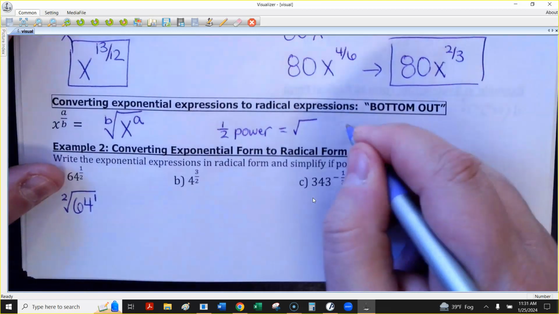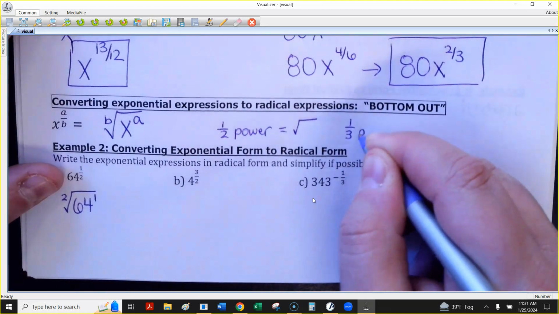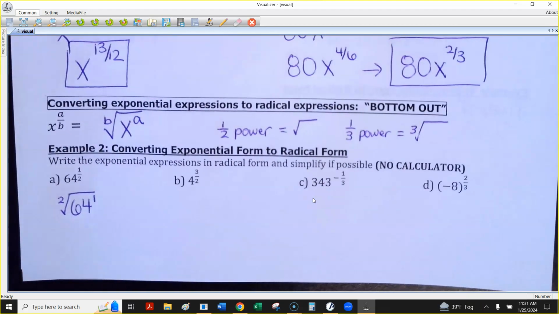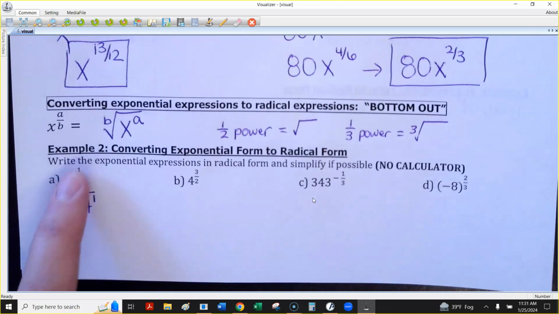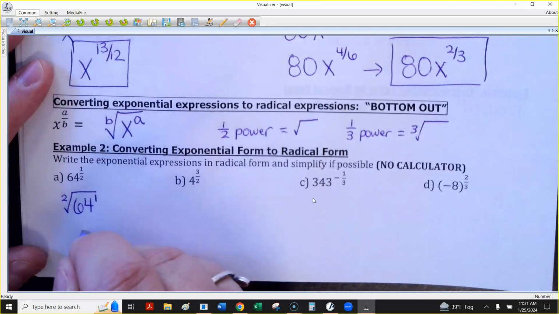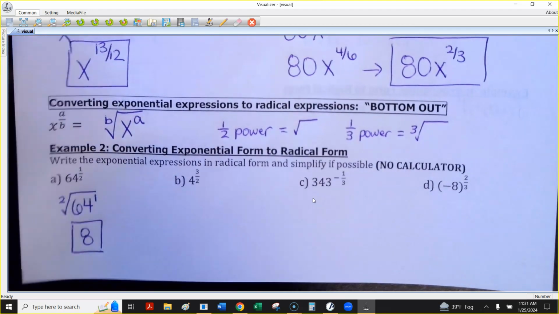If you have like a 1/3 as your exponent, that's the same thing as a cube root. If you have 1/4, that's the 4th root. 1/5 would be the 5th root. So if I have 1 over n as my exponent, that's just going to be whatever that root is. So 1/2 is really a square root. And then you all know the square root of 64 off the top of your head. That would just be 8.